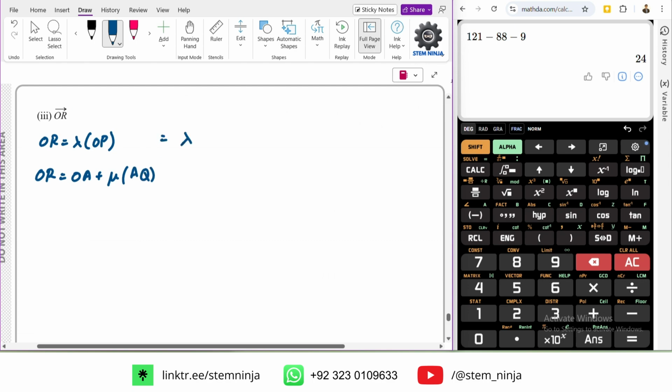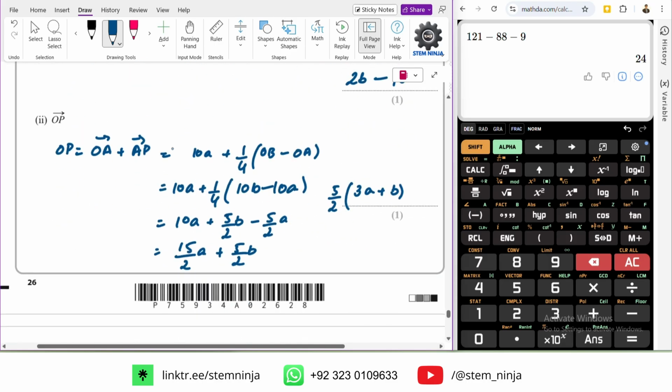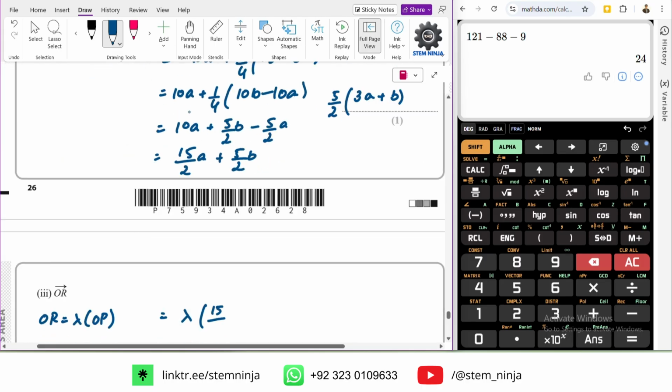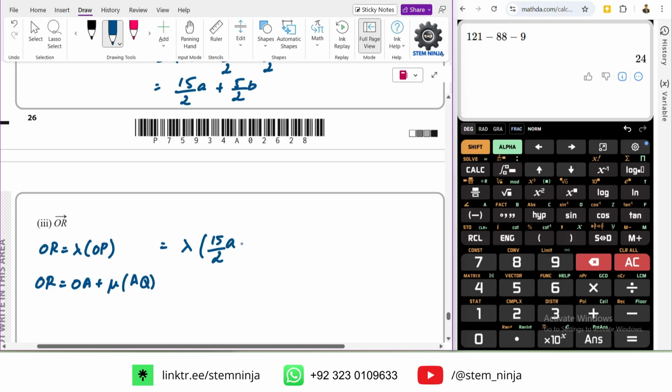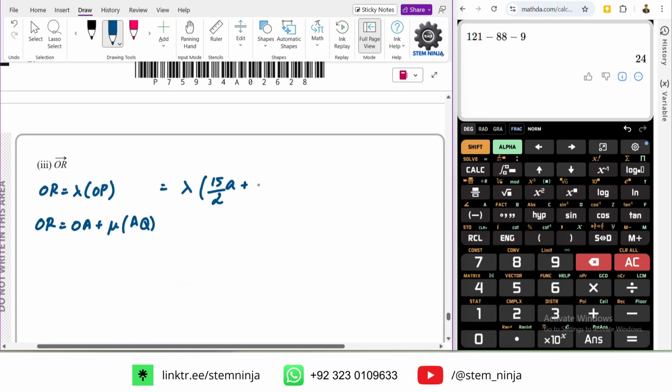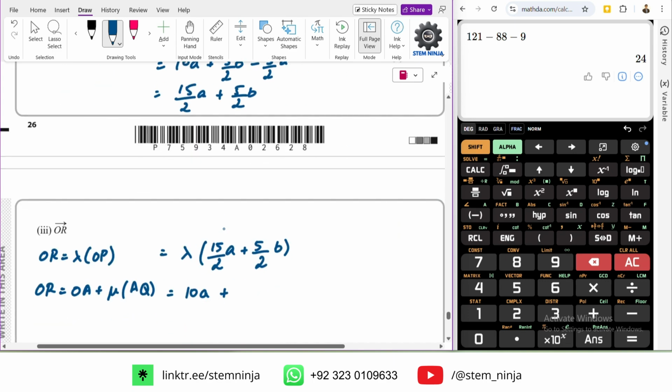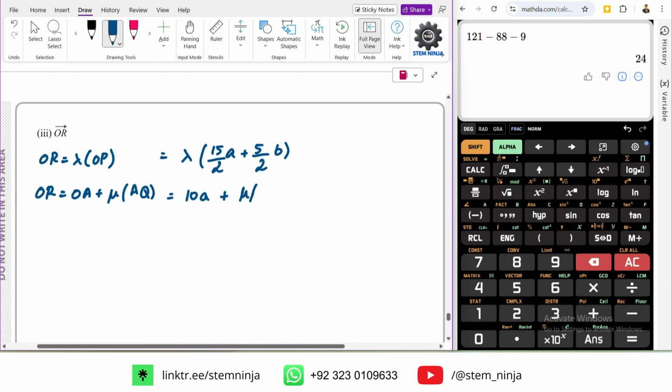Okay, so lambda times OP, which we figured out to be 15 over 2 A plus 5 over 2 B, and OA is 10A plus AQ, which we figured out to be 2B minus 10A. Right, okay, so we write them together.